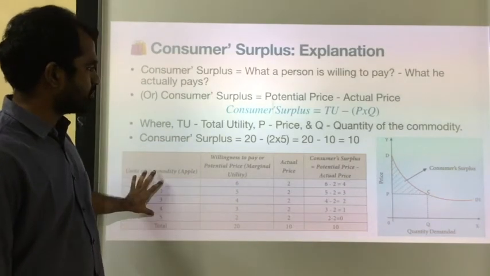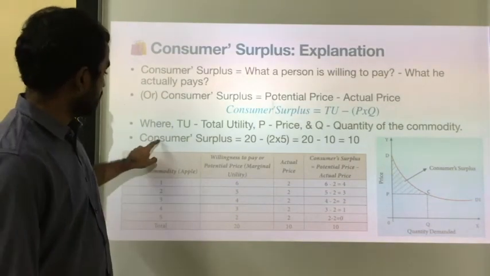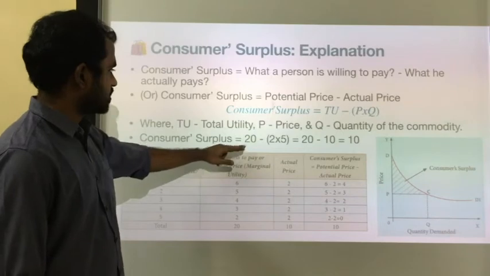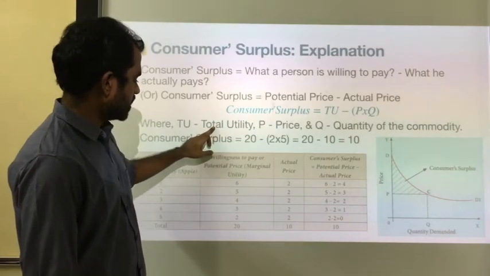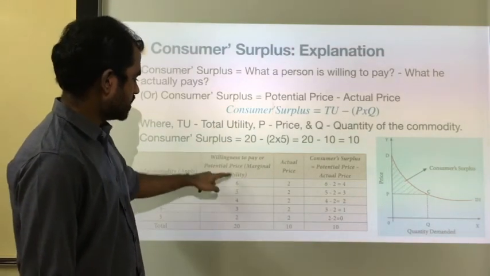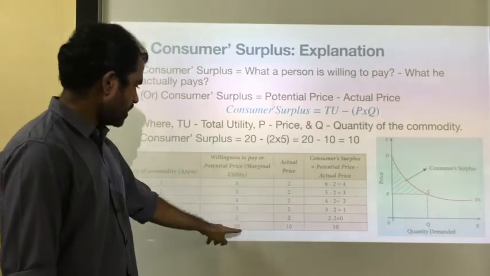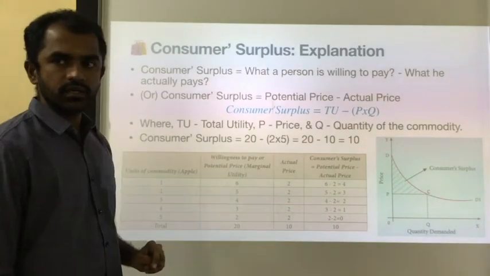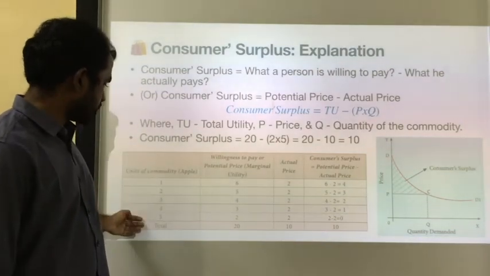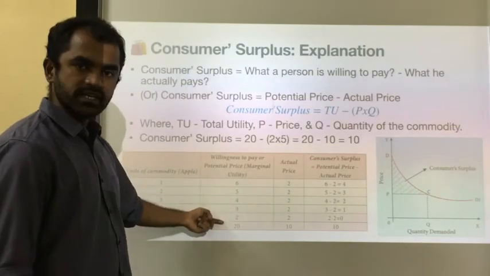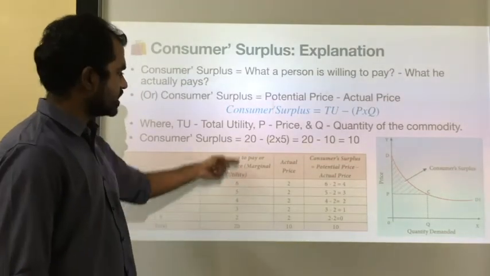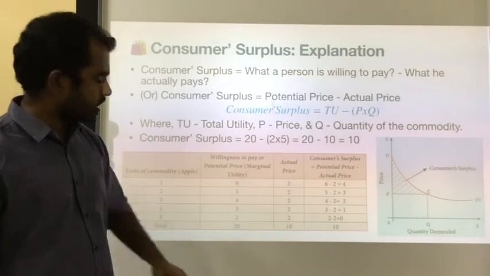Take the case of an example here. Consumer surplus is equal to, we already know what total utility is. If we add up all the marginal utility, it's called total utility. That is, for different units of a commodity, we have different marginal utilities. If you add up all these marginal utilities, you get total utility.